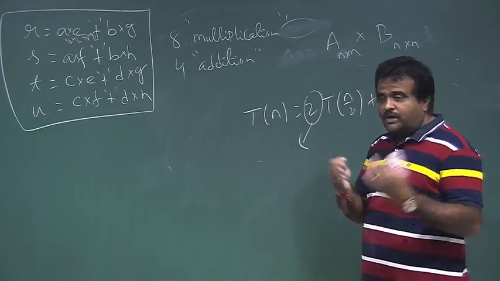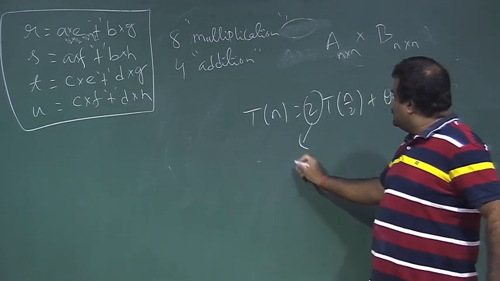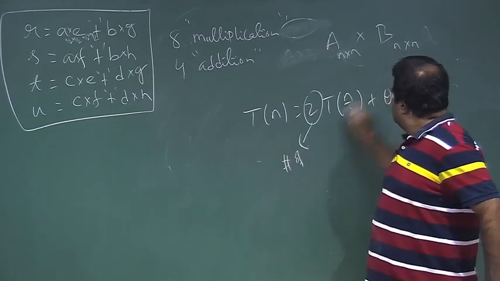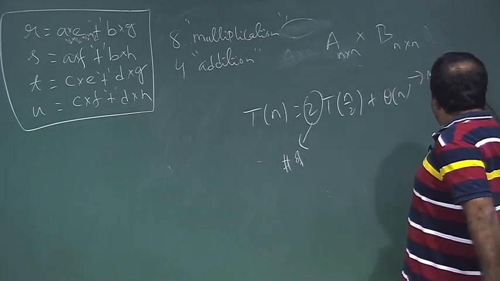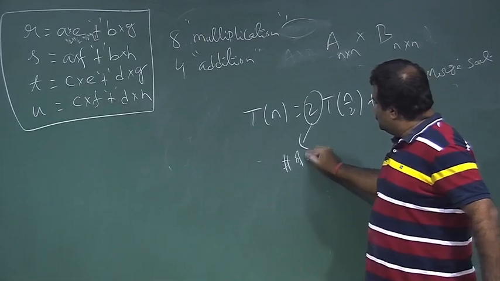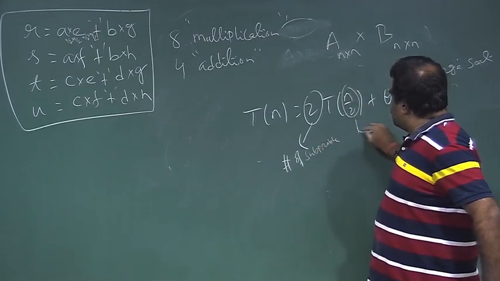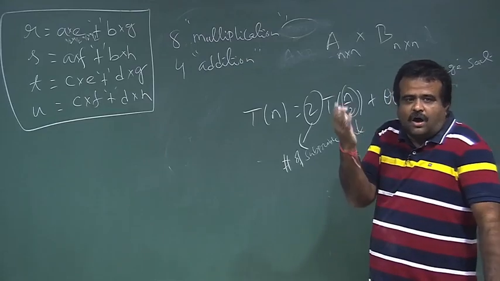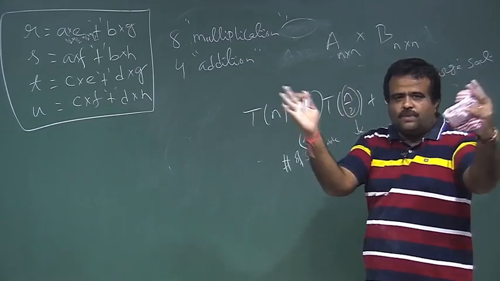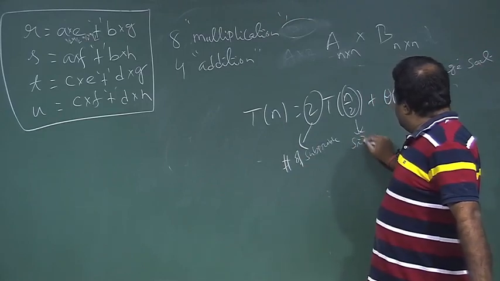We have a problem of size n and we reduce it into subproblems. This is the number of subproblems, and this is the size of the subproblems. The size is reduced to half: we have an array, we divide it into two parts, half and half.